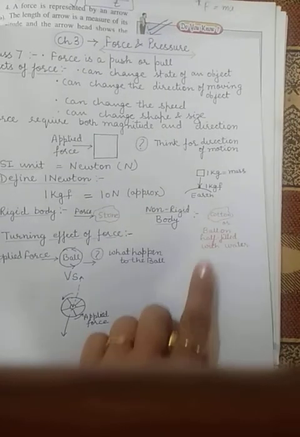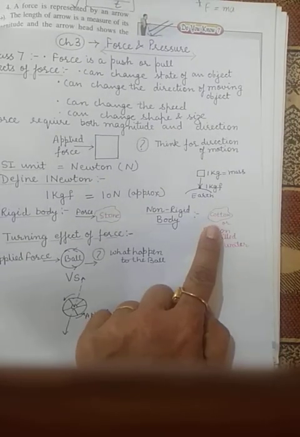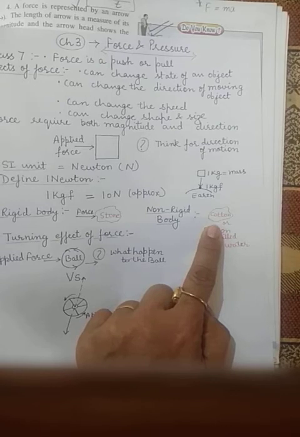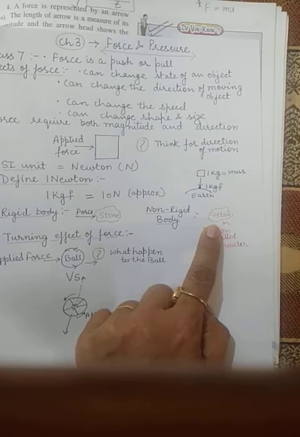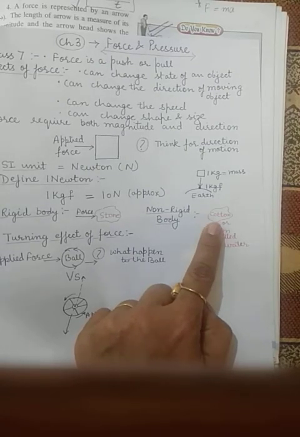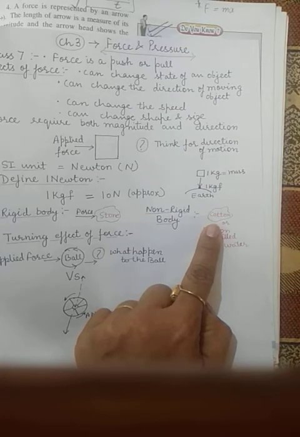But for instance, if I take an object like cotton, a very small piece which is very fluffy, and you apply force on it, you will find that some particles will move in a different direction, or shift in a certain direction.